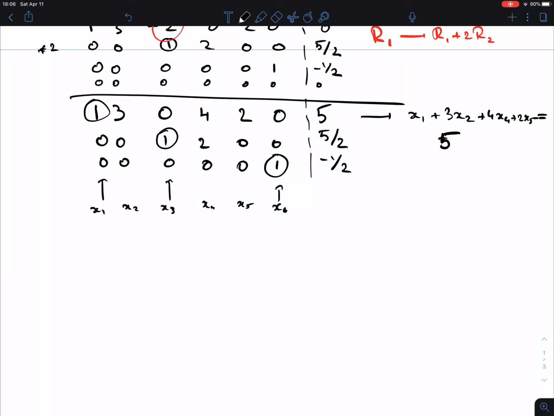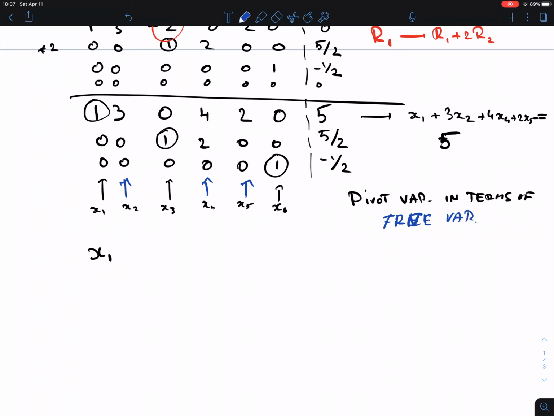Okay? And so what we do then is we write x1, my first pivot variable. The pivot variables will always be in terms of the free variables. Let's make them blue here, right? These were the blue variables that we had in terms of the free variables.